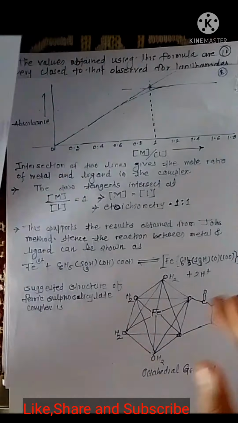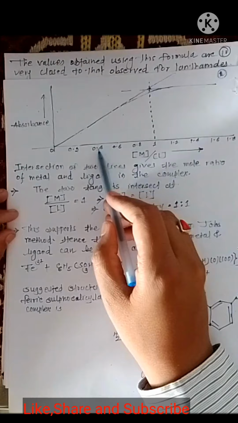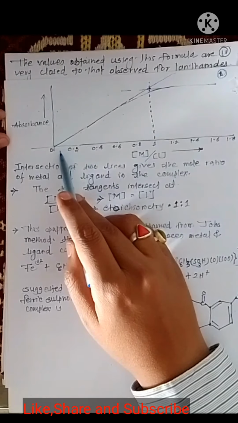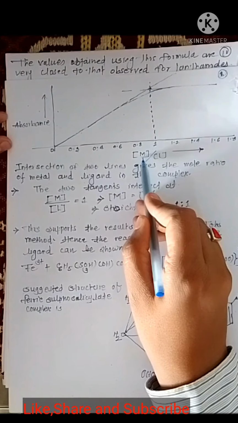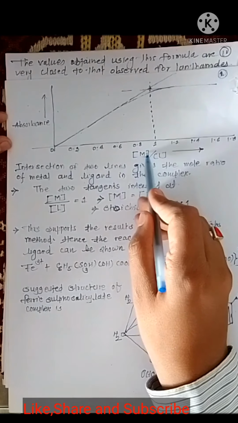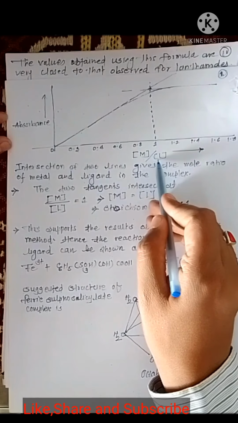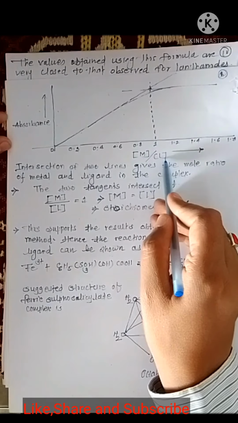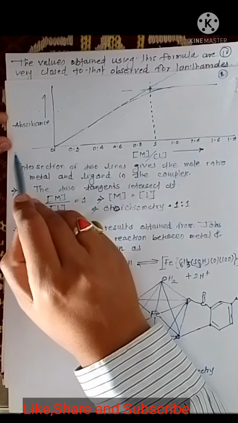Now just see the nature of the graph. This is the graph obtained from the mole ratio method. Here the x-axis is the concentration of metal to that of ligand, while on the y-axis absorbance is plotted.